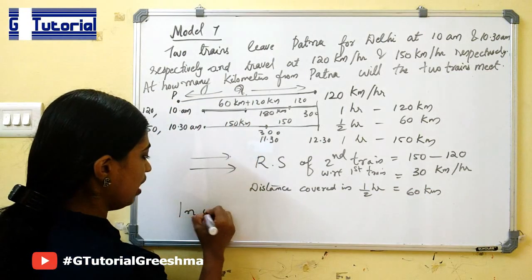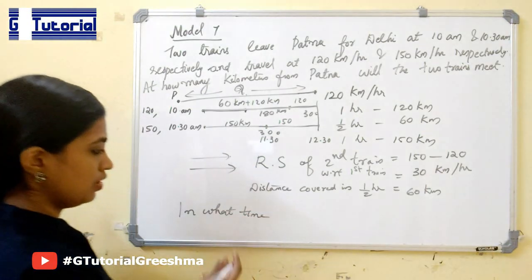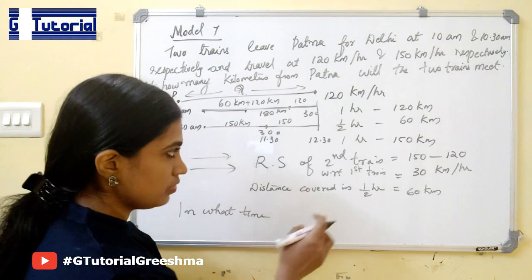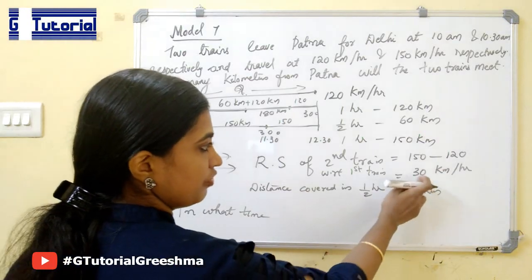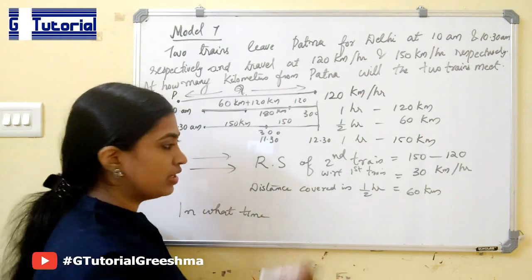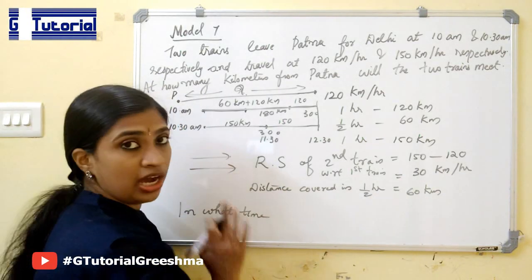So in what time will the train cover 60 km if the speed is 30? This is the distance covered by the first train in that half hour.